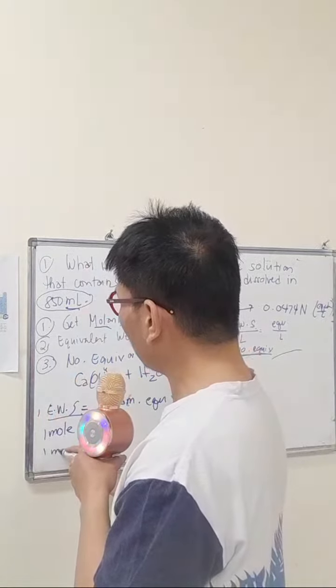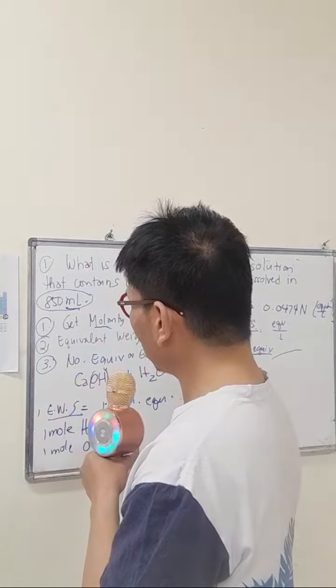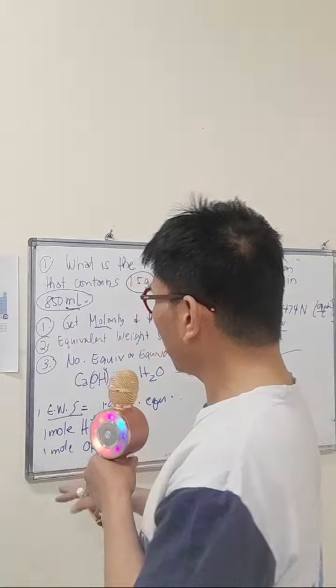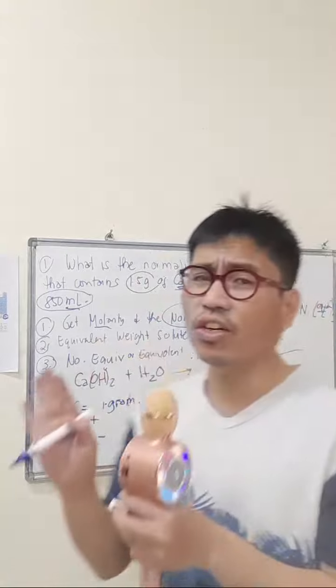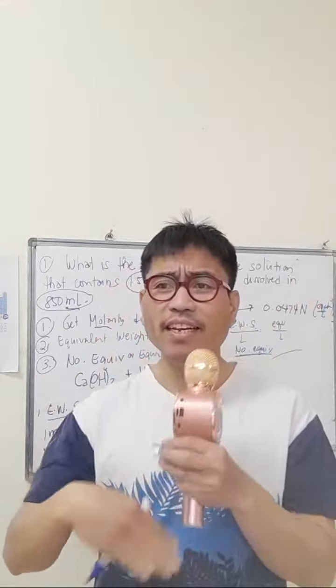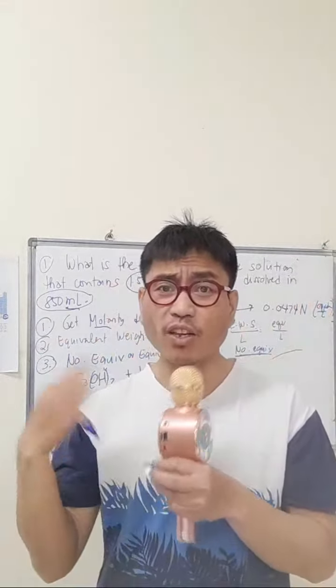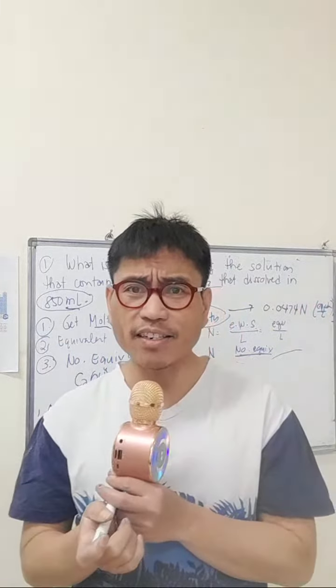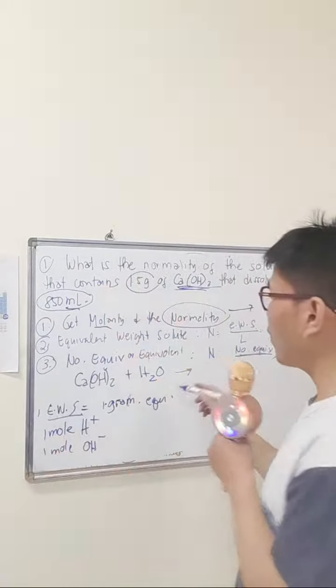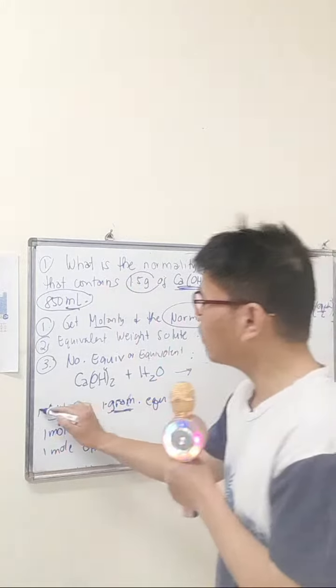Now, get the chemical reaction so that you can link the stoichiometric calculation in there, so that we can come up with a gram, which is our 1 equivalent weight of solute.